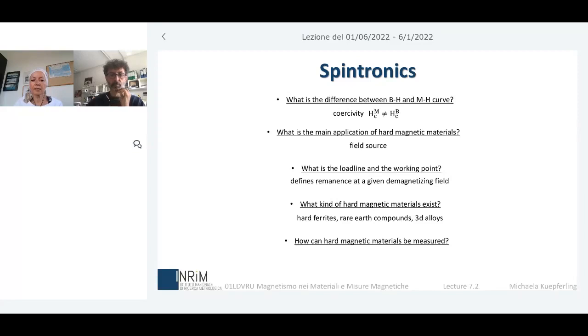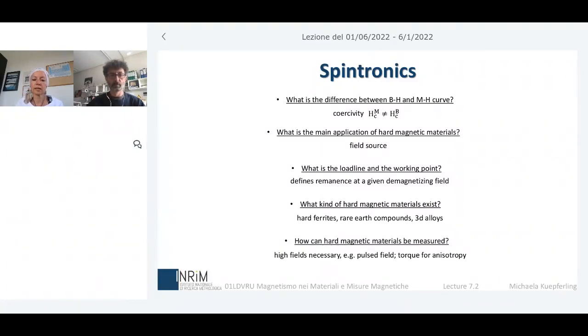And how can hard magnetic materials be measured? And there, of course, we had only to add something more, because in the lecture on soft magnetic materials, one of the problems, of course, is to reach high enough fields in order to measure hard magnetic materials.